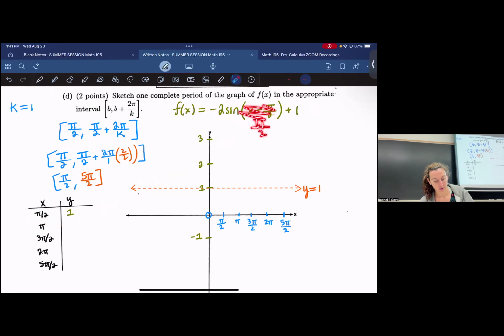Sine of pi over 2 is 1. -2 times 1 is -2. Plus 1 gives you -1. 3 pi over 2 minus pi over 2 is 2 pi over 2, also known as pi. Sine of pi is 0. All this shoots to 0, and we get 1.